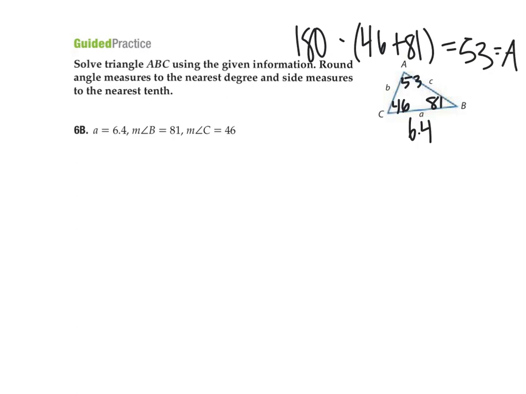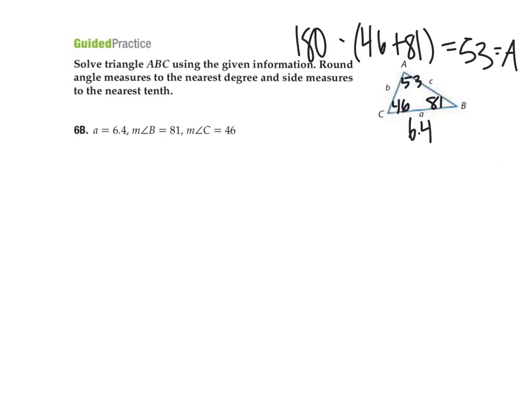All right, and now we only have two things left to find. We actually can use the law of sines here, which is a little bit easier sometimes. So we can use the law of sines here to find either side B or side C. I'm going to use it to find side B next.